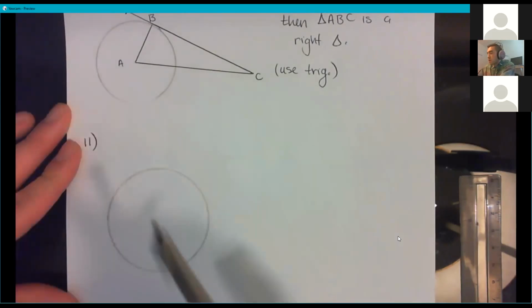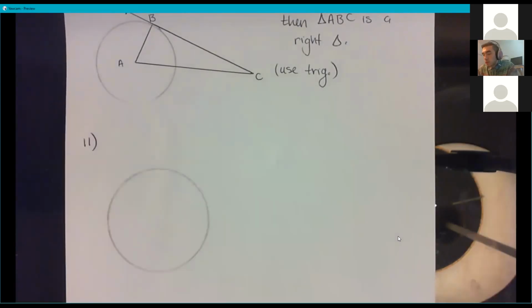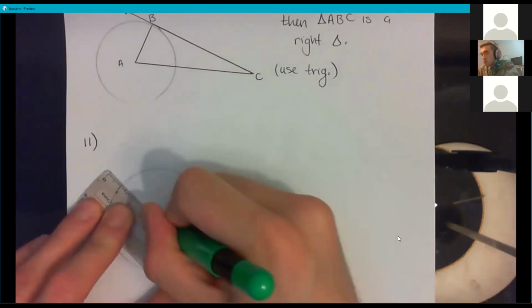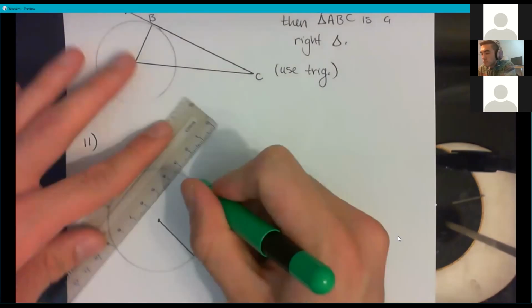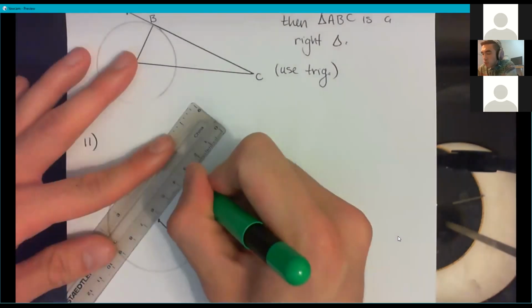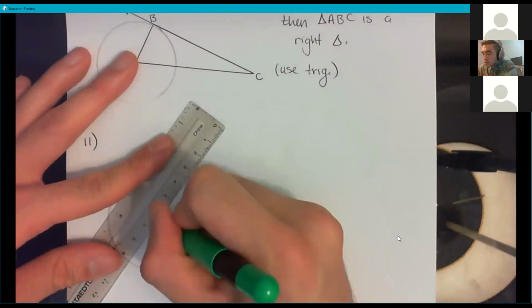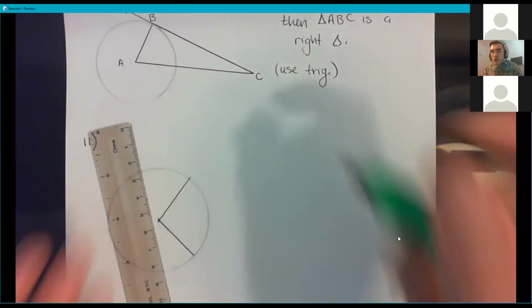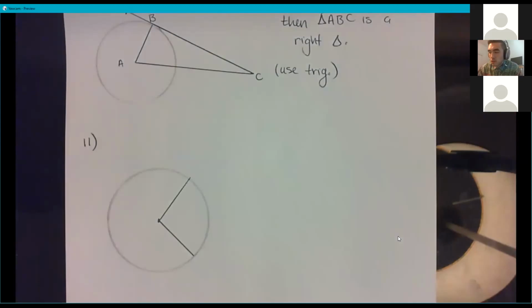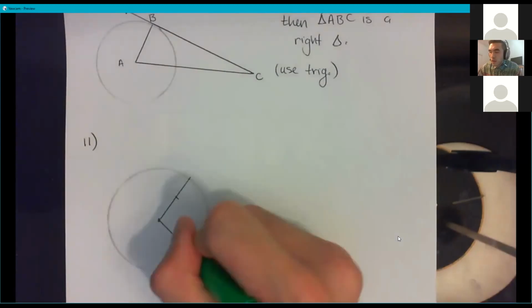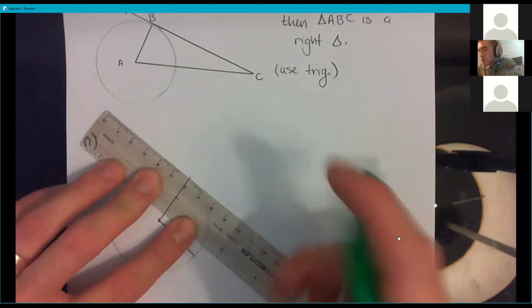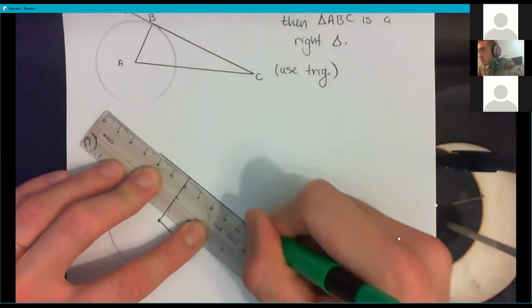Okay, there's my circle, there's my center. And then I'm going to draw a radius. I'm going to draw another radius. I'm going to connect these two. Oh, you know what? I'm going to draw two radii for right now, and I'm going to mark them as being congruent. That's how we know they're radii. And then I'm also going to add a tangent to each one of these. Tangent, tangent.